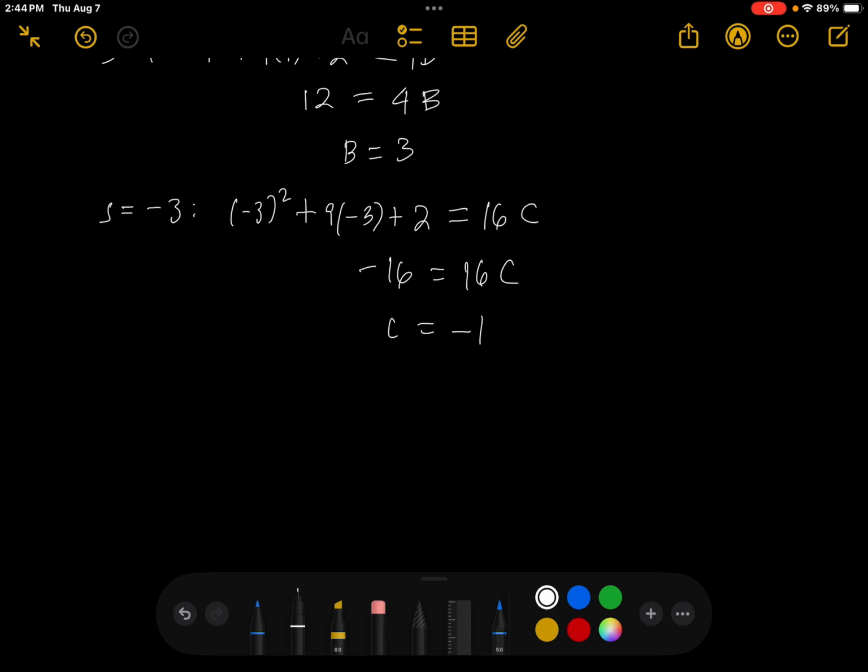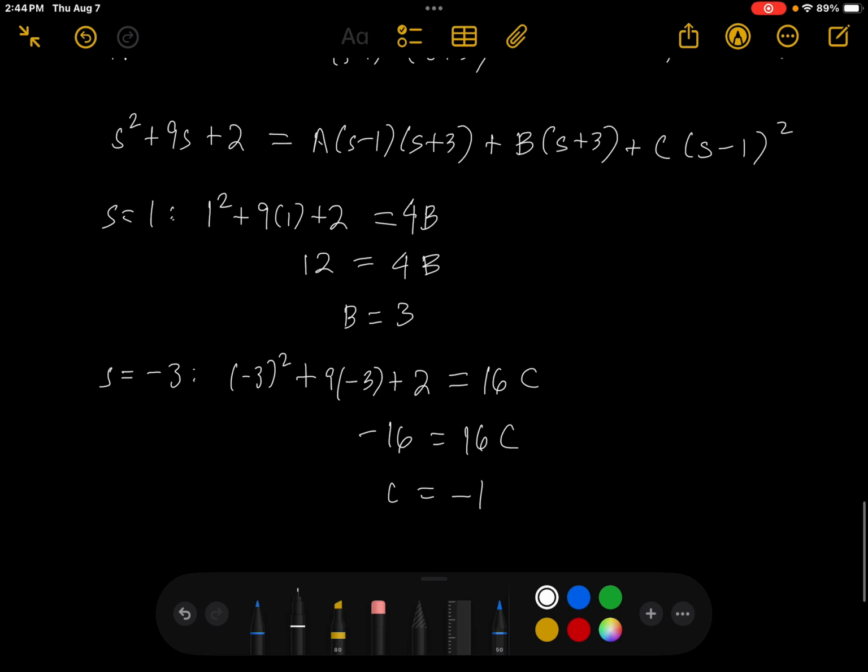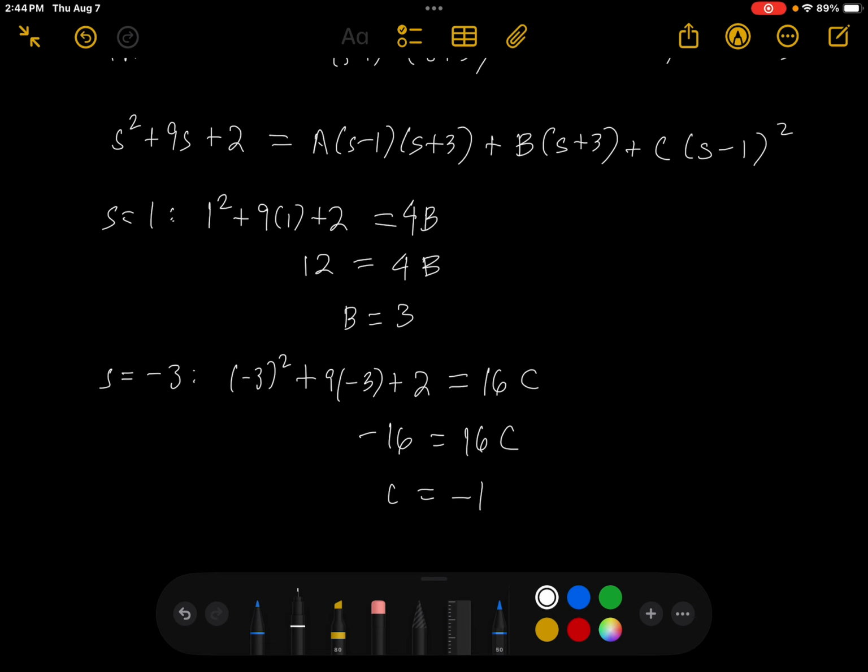So we have b and c, we just need to figure out a. Now, at this point, we plugged in all the values of s that will give you a bunch of zeros, right? Because we don't have any other linear factors. So how are we going to solve for a? Well, it's not that complicated.